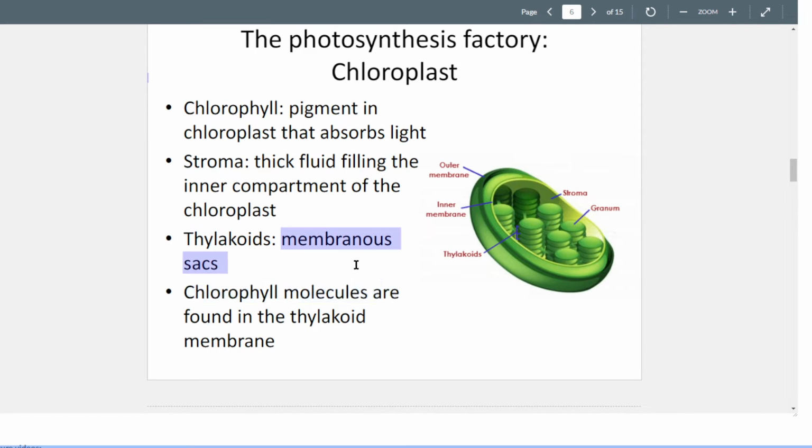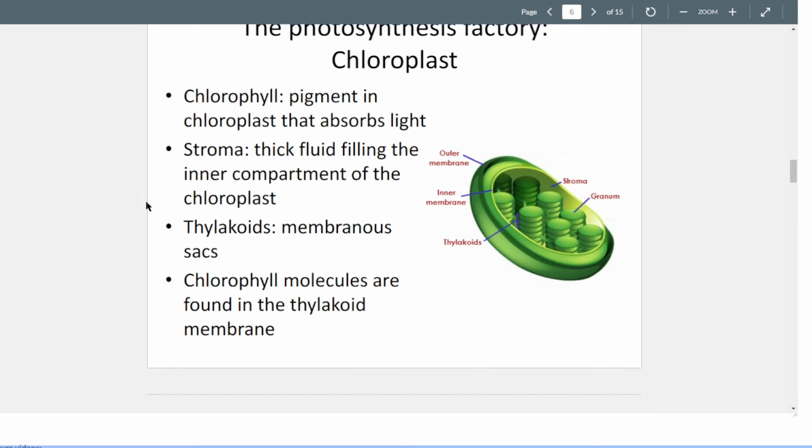Thylakoids are sacs with chlorophyll molecules. They're this shape, parts of the chloroplast, right here. Can you see my mouse?